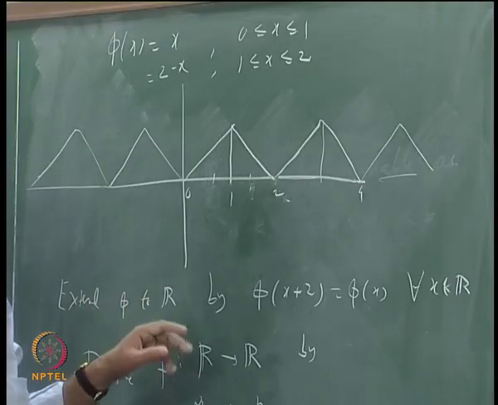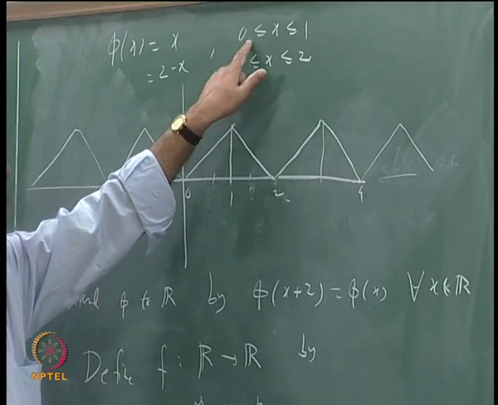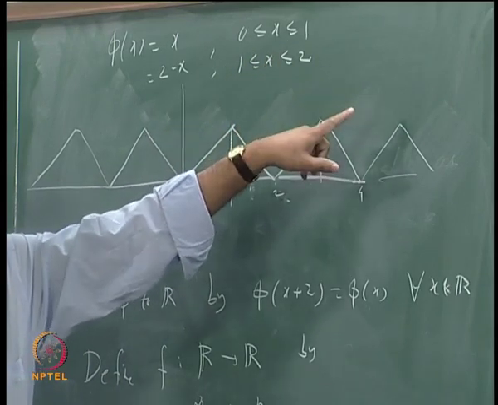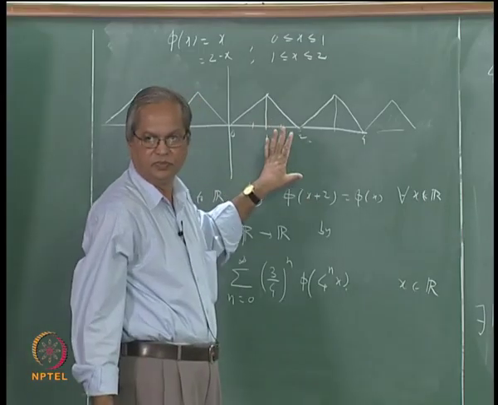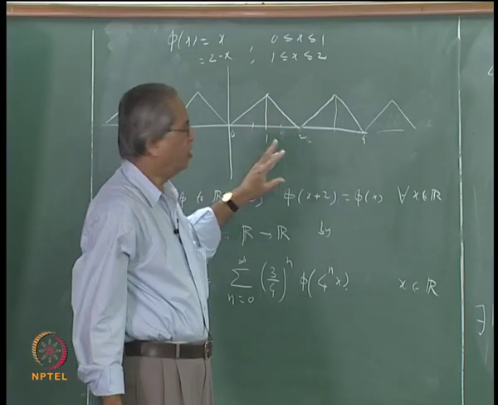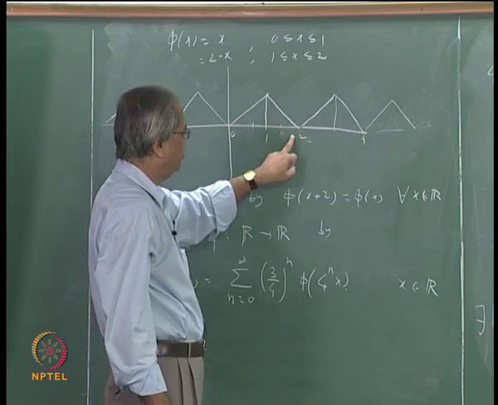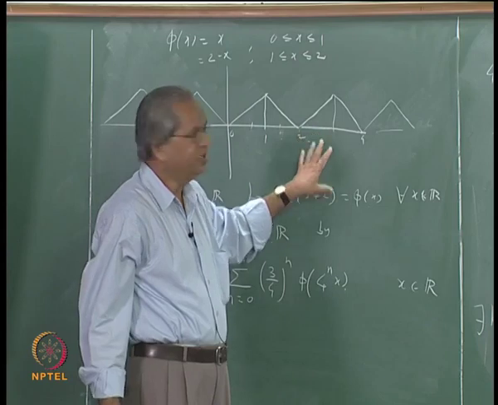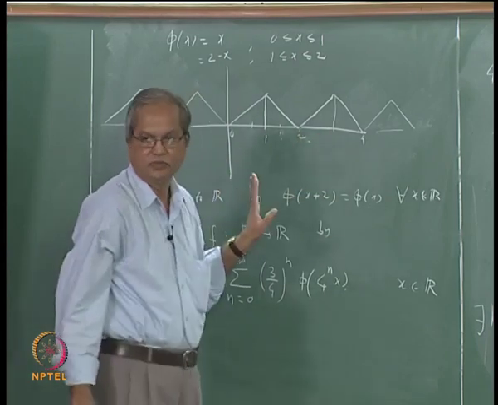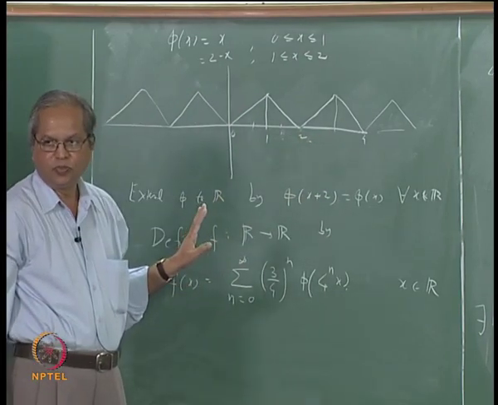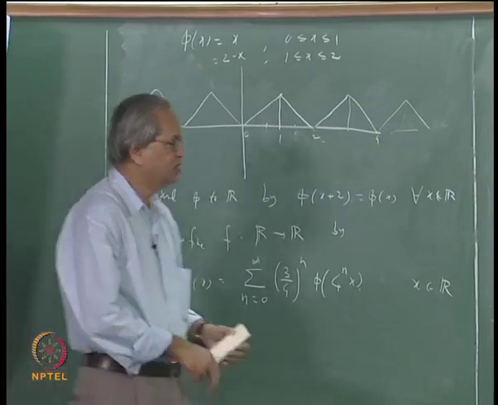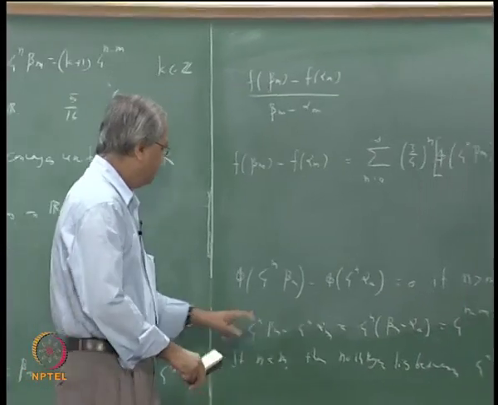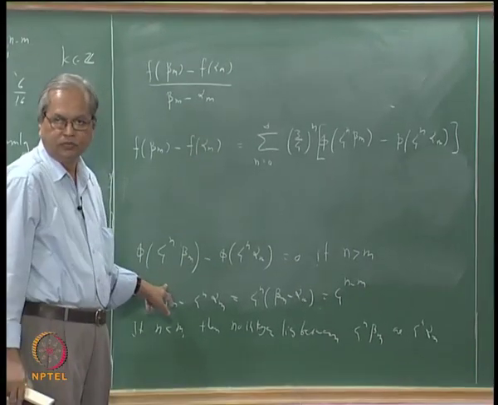So suppose both are in the interval 0 to 1 or 2 to 3 or 4 to 5, etc., then both will be x. Or if both are in the interval 1 to 2 or 3 to 4 or 5 to 6, etc., then both will be 2 minus x. So the difference between their phi values will be the same as the difference between the two numbers.